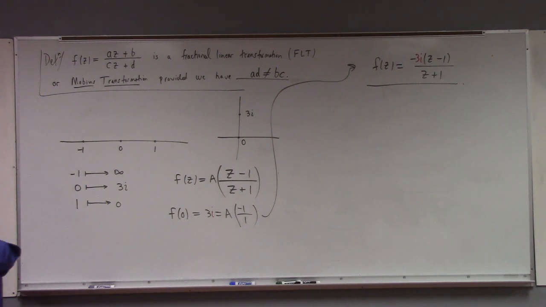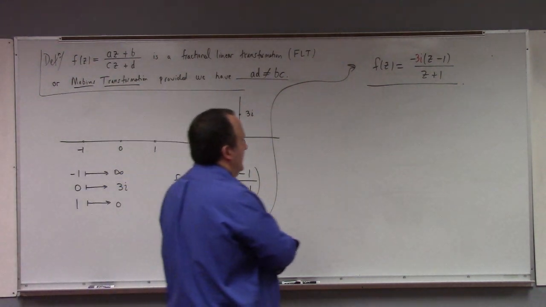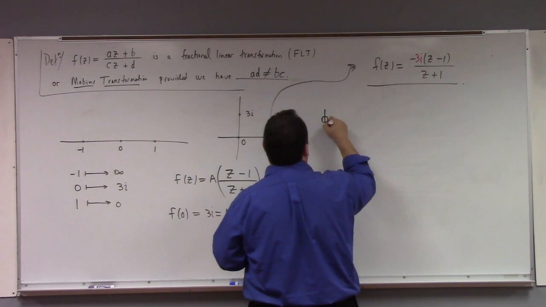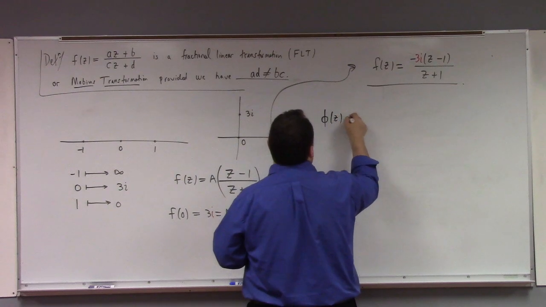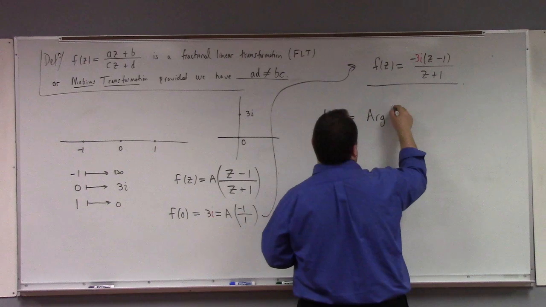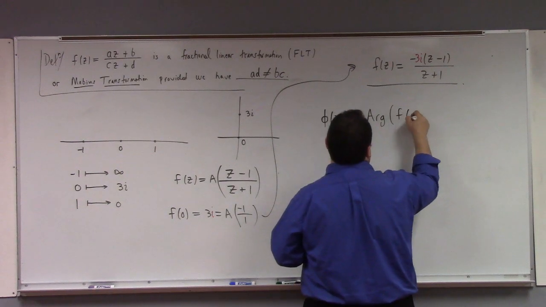Let's see here. So I guess if I just was to write down, it might be interesting to write down then phi of z equals perhaps the argument of f of z. We could do that, see what happens.